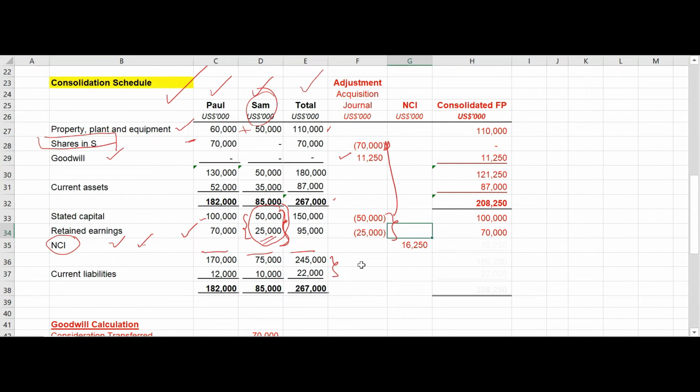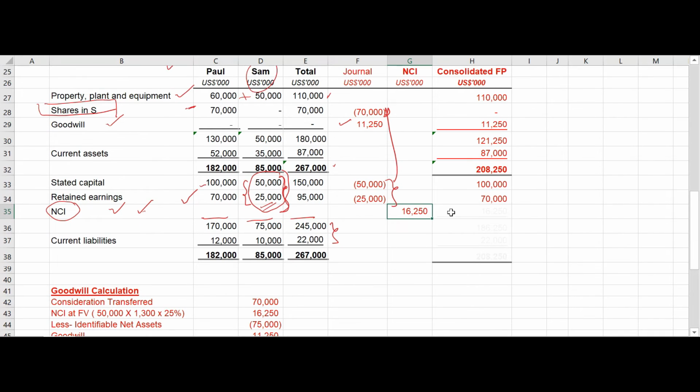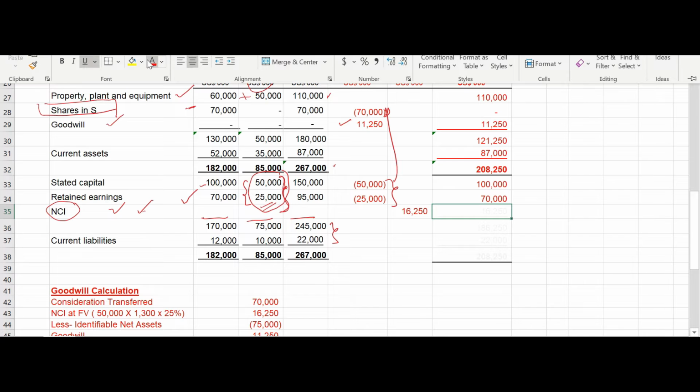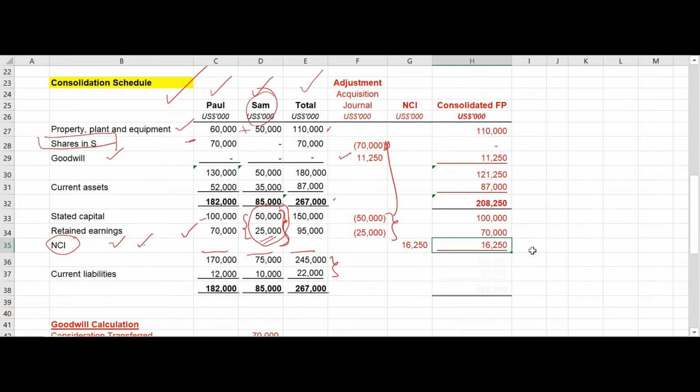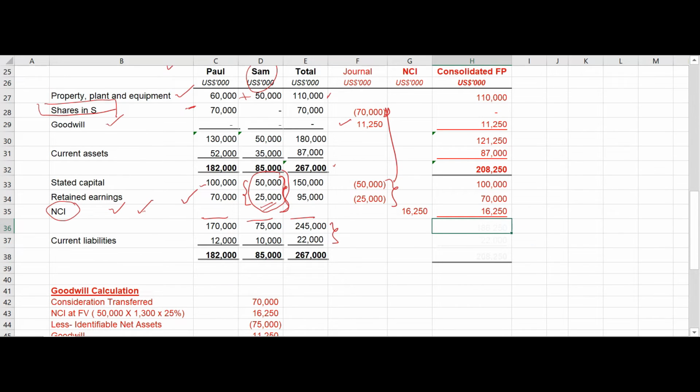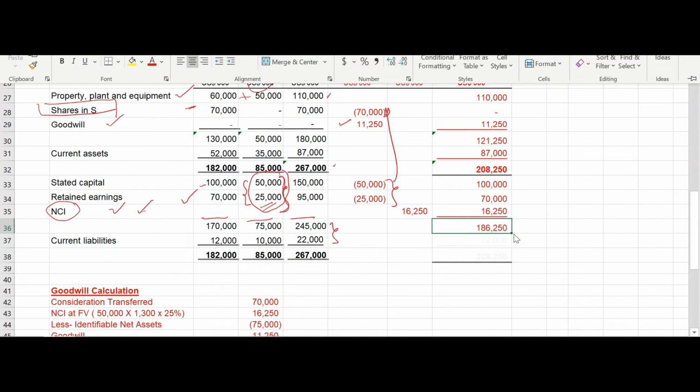Then the non-controlling interest we calculated. So this has to be part of our consolidated financial position, simply because they own part of the shares in SAM company. Therefore the non-controlling interest has to be shown in the consolidated financial position. Then the total will be 186,250.